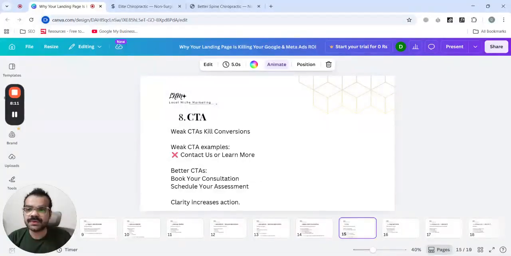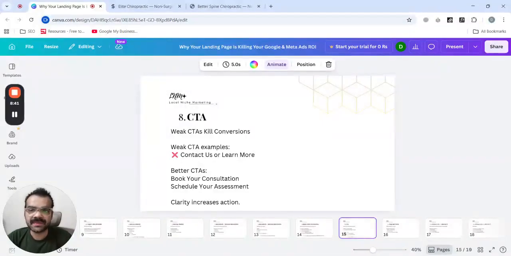Again, you don't have to use generic call to actions like contact us, book here. Your call to action should tell the audience what the next step is. If you are doing a survey on the page after your landing page, then you need to tell users, see if you qualify for this treatment, right?